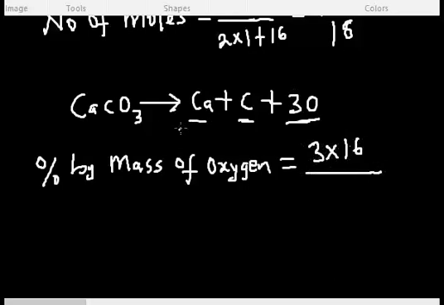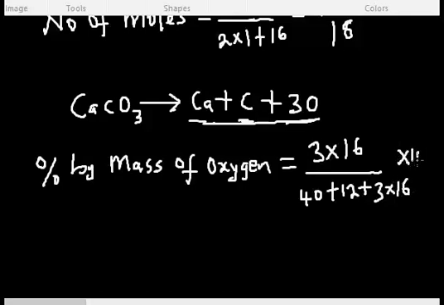The mass of the entire compound: mass of calcium is 40, mass of carbon is 12, and 3 times 16.